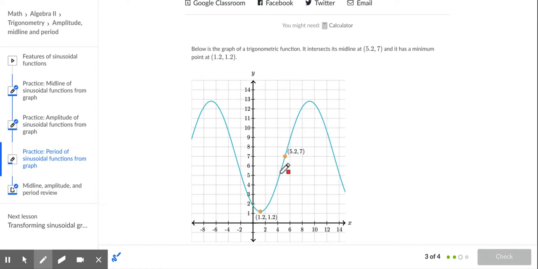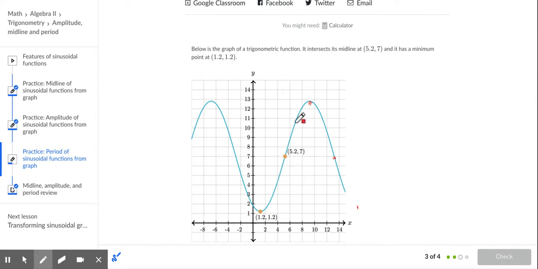So I'm going from minimum to midline to maximum. Midline to maximum would be the same distance as minimum to midline. And then maximum back to midline would be that same distance again. And then midline to minimum would be that same distance again.